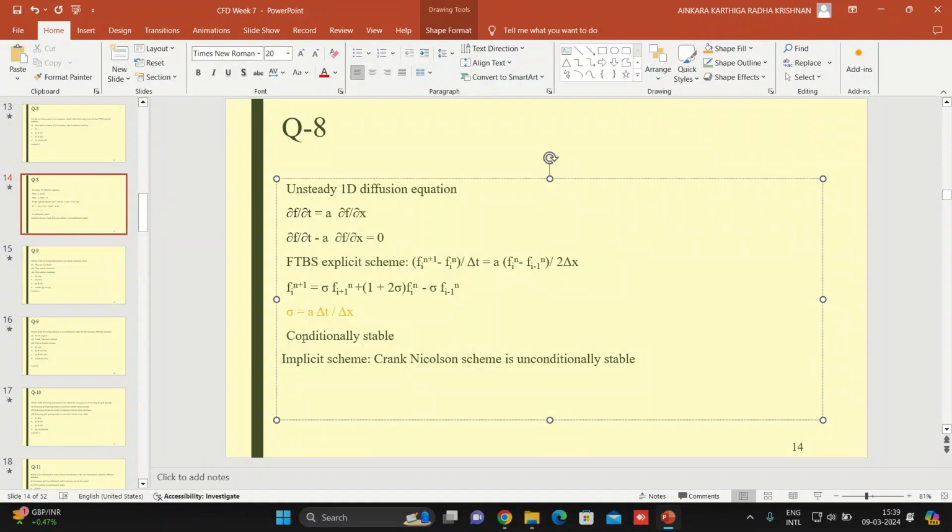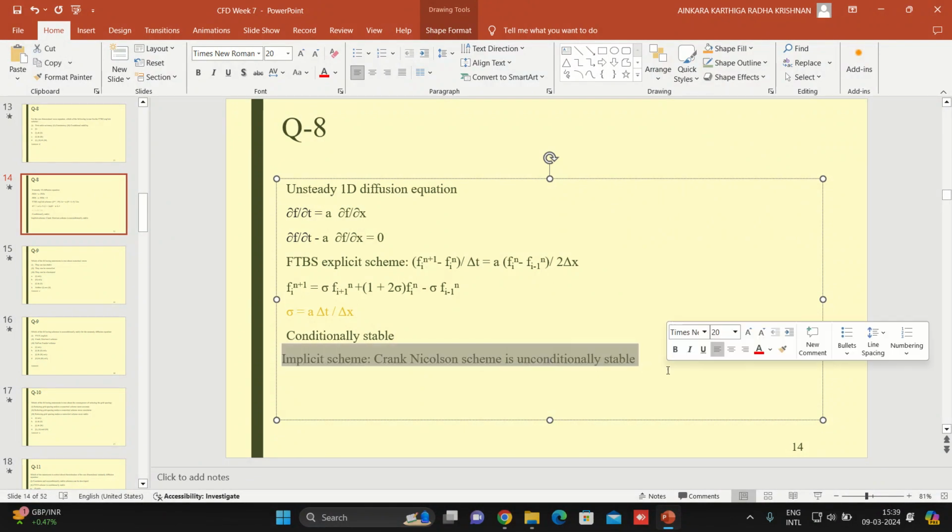Yeah, the equation would be somewhat similar to this. It was not exactly the same.